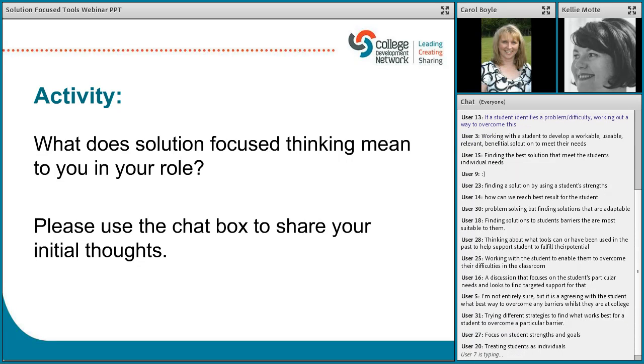Stephen, I'm just going to read, Stephen's put here, problem solving, but finding solutions that are adaptable as well. Terry, finding solutions to student barriers. Jo, thinking about what tools can be or have been used in the past to help support students fulfil their potential.